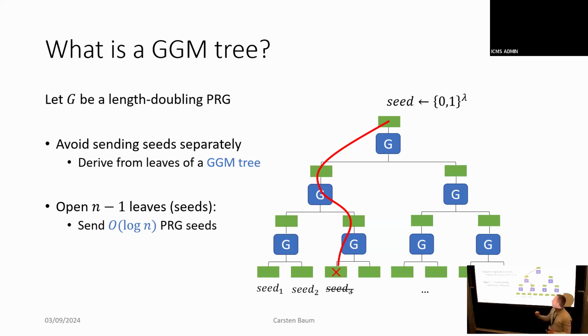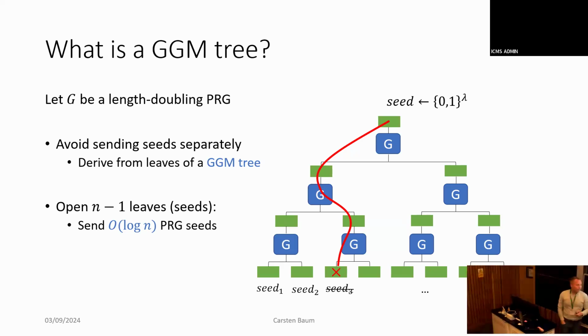Neat. So for this side of the tree, I don't open 3, but I open 1 and 2. 1 and 2 are both derived from this seed here, so I send the verifier this seed. And here I actually have to give the verifier this. Now it turns out, if we do this, then instead of n seeds, for n being 8 here, I only have to send log n seeds to the verifier.